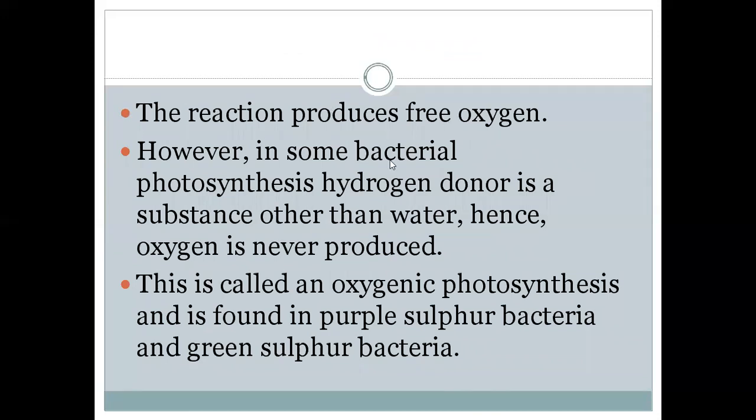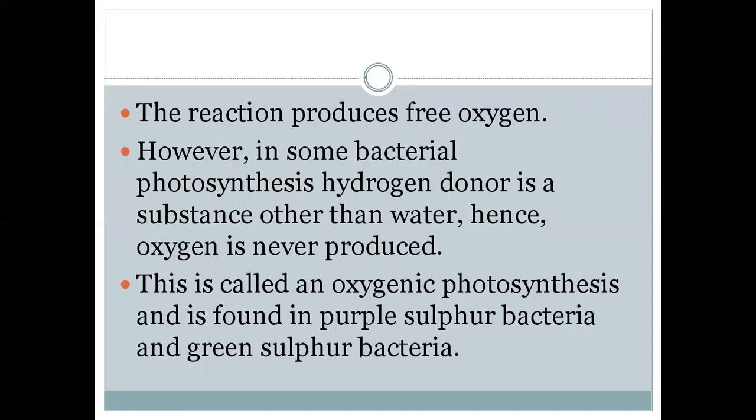However, in some bacterial photosynthesis, the hydrogen donor is a substance other than water, hence oxygen is never produced. In the starting slides also we have seen that when the organism utilizes hydrogen or hydrogen sulfide as an electron donor or hydrogen donor, they can't produce oxygen. So such a process is called anoxygenic photosynthesis.